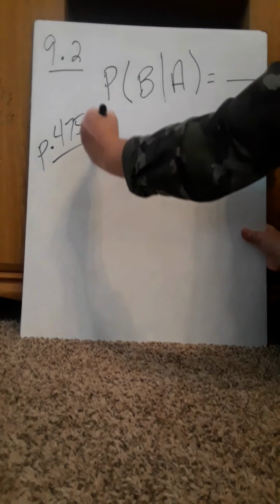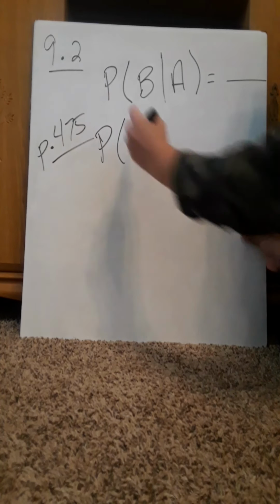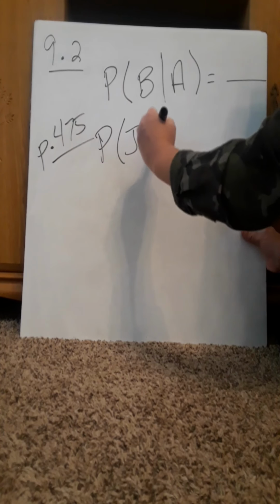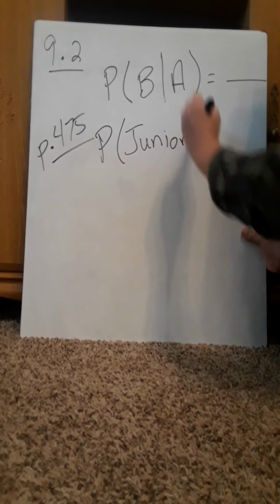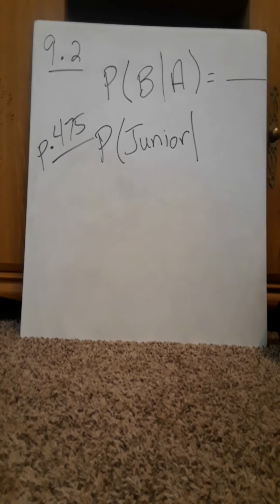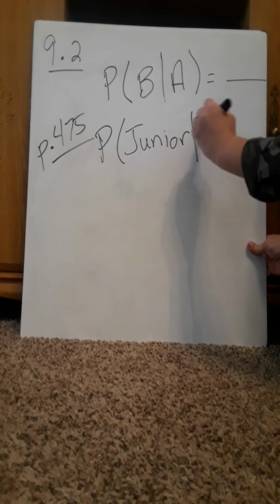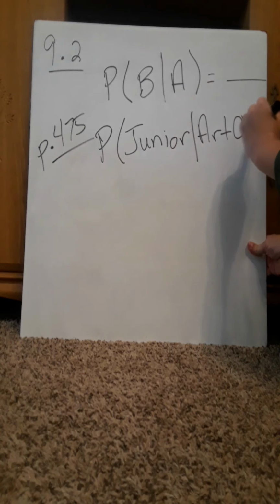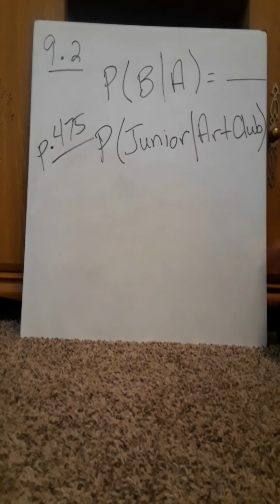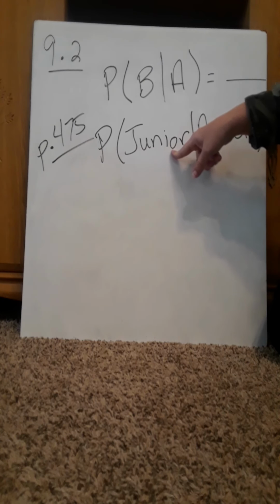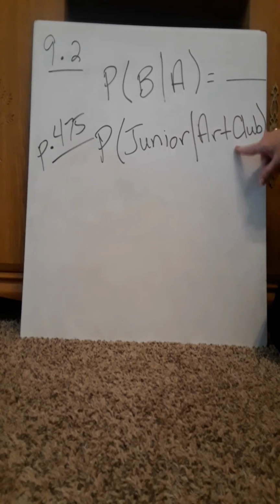So here's how you would write that. We're looking for the probability that the student selected is a junior, given that they are in the art club, or a member of the art club. So you could write it like this. We're looking for the probability that we choose a student that's a junior, but we're assuming that we're picking from a member of the art club. So that's your condition, okay?